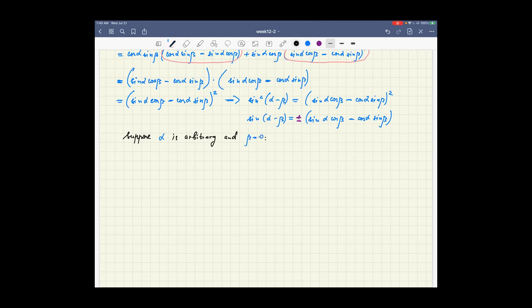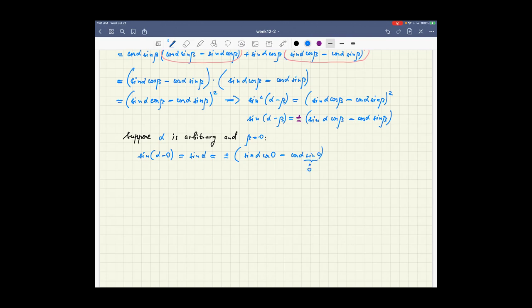What will we get? We get sine alpha minus 0, which is of course sine alpha, equals plus or minus sine alpha cosine 0 minus cosine alpha sine 0.